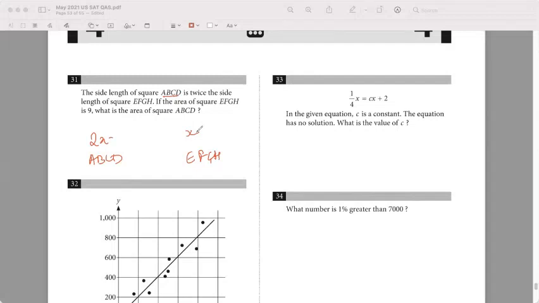If the area of square EFGH is 9, what is the area of square ABCD? So the area of EFGH, x squared, is 9. So x is 3. So the side length of EFGH is 3, the side length of ABCD is 6, and the area of ABCD is 6 squared, 36.